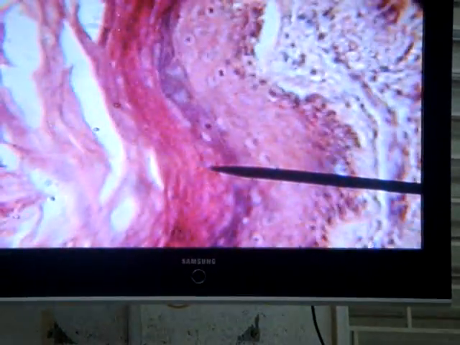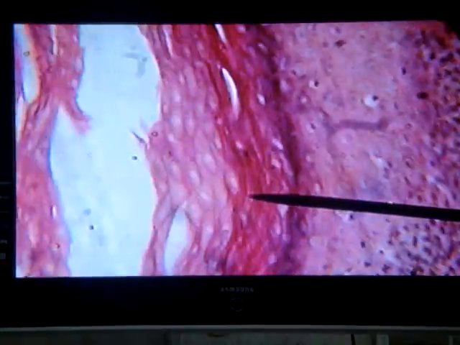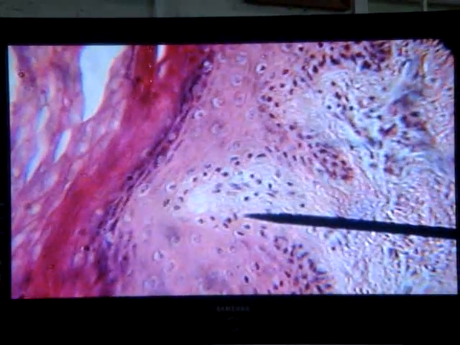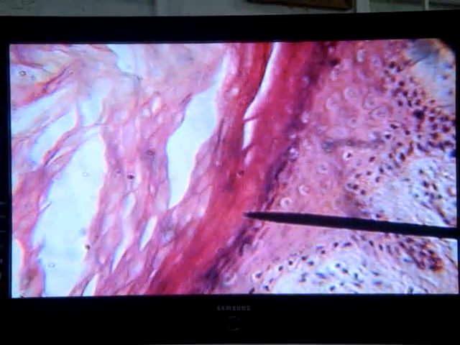Let me just show you the stratum lucidum before I get to there. Alright guys, so this is another section of the skin, but I just want to show you this basal part here, that's the stratum lucidum, and just a little touch clearer than above, or just this region here, stratum lucidum.